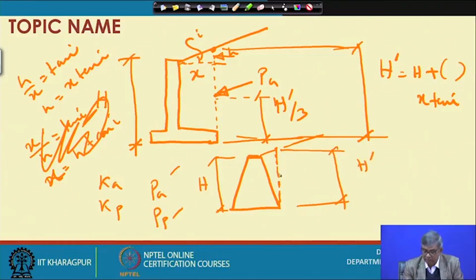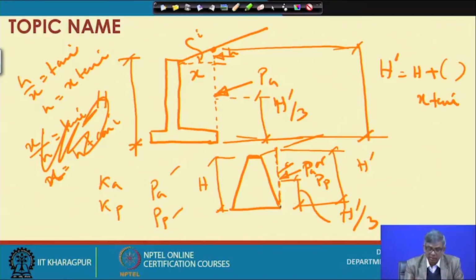Then the resultant force PA or PP can be applied like this from h dash by 3 distance. And here, additionally, while doing the analysis, this weight has to be taken, and here also this weight has to be taken.